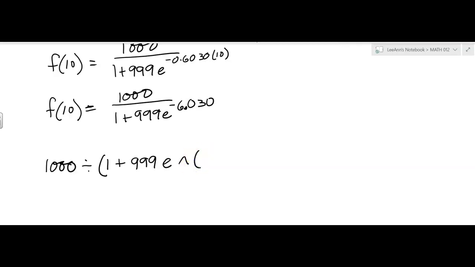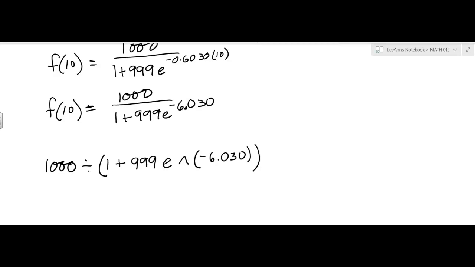Mine does anyway. Your calculator might be a little different, but then you've got to put in that negative 6.030. Now we're expecting the population to increase, right? So more people getting the flu. Okay, let's put that all in the calculator and see what we get.